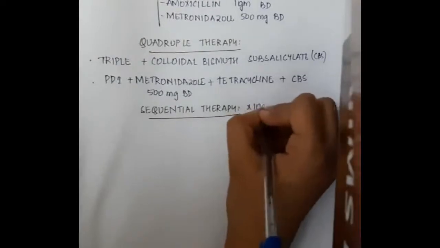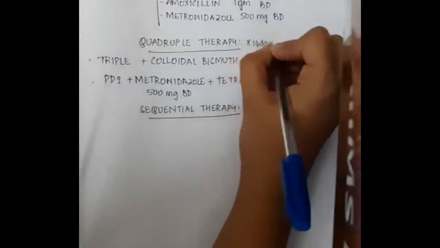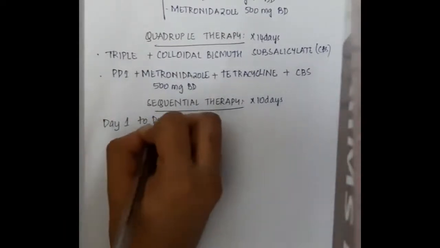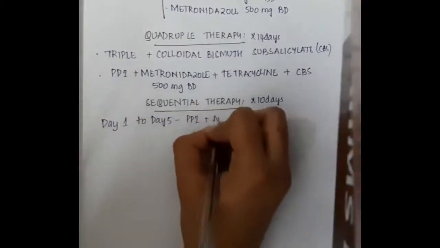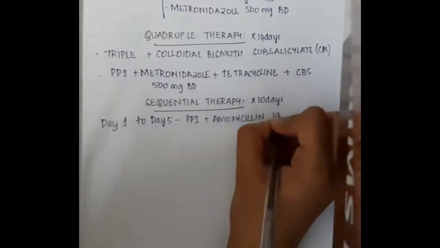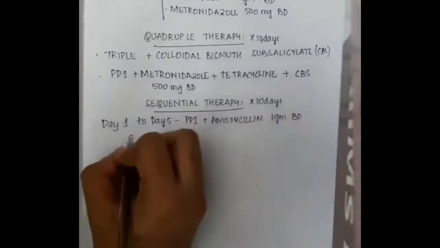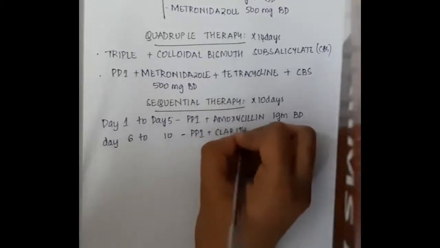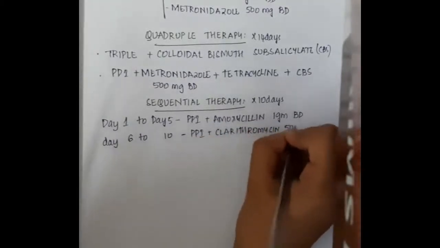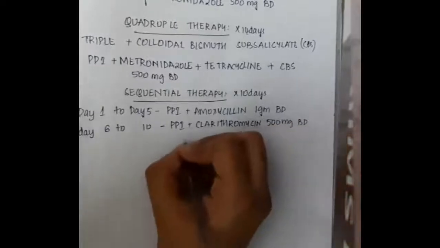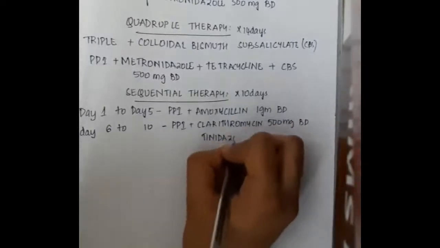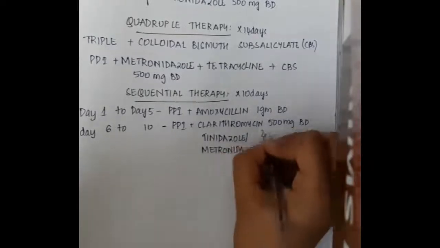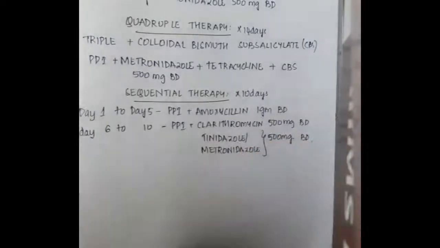Then in sequential therapy, it is given for 10 days. In day 1 to 5, we give proton pump inhibitors and amoxicillin 1 gram BD, and in day 6 to 10, we give proton pump inhibitors and clarithromycin 500 mg BD, and we give tinidazole or metronidazole in the dosage of 500 mg BD.